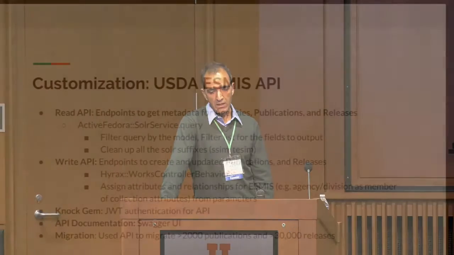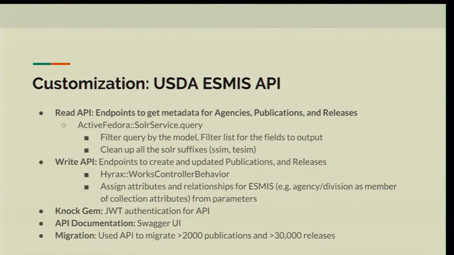As I mentioned, we did create an API. Part of the reason was to throw off some of this load. We have people who have written all kinds of clients and scrapers, and they're constantly hitting our site trying to get the latest release and download all this information. So we created read API endpoints for metadata for agencies, publications, and releases, and also brought the links for the files into the API so people can get that information there.